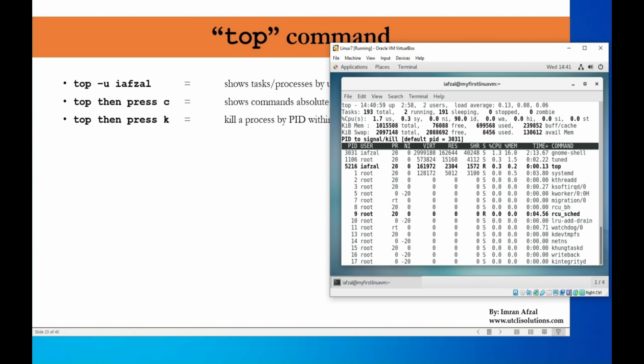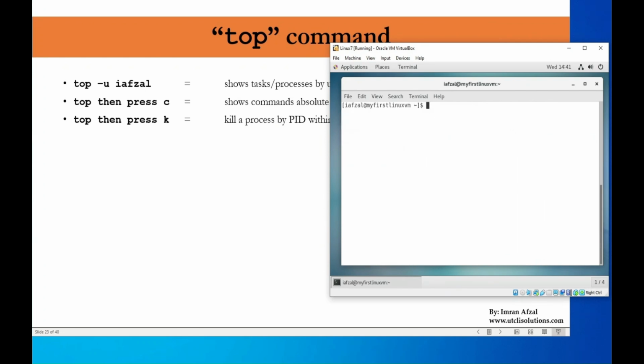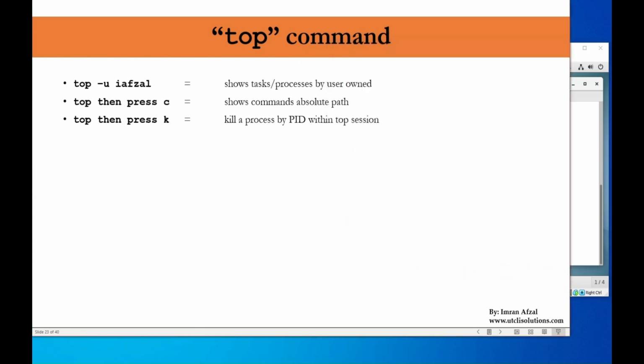So I want to kill, for example, this top command that I'm running, which is 5216. Simply specify the process ID 5216, hit enter and confirm, and boom, it's killed. That's why we are out of that top interactive mode.